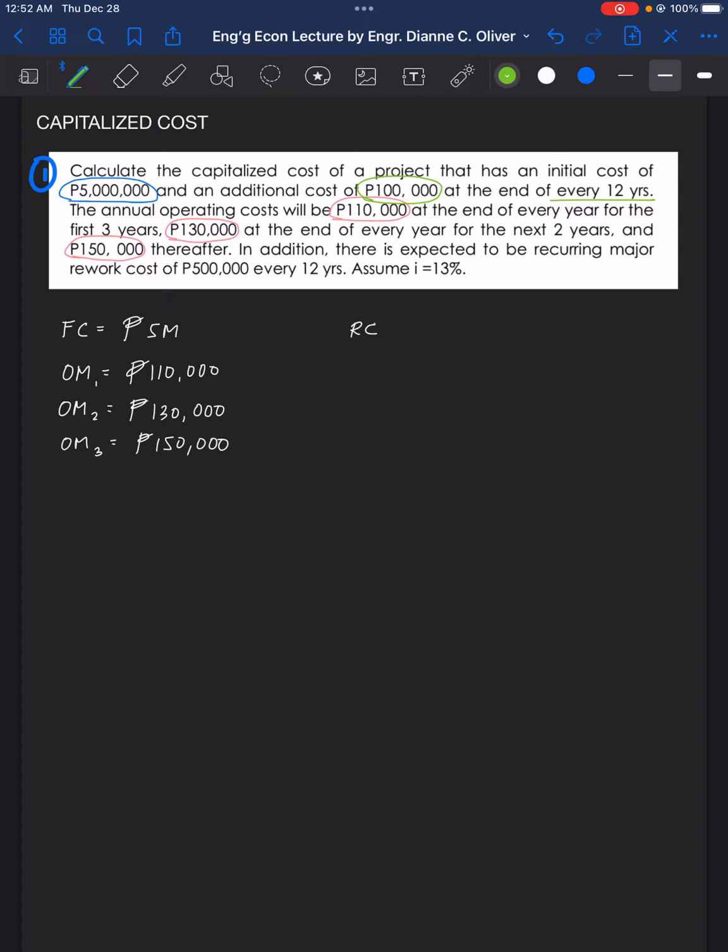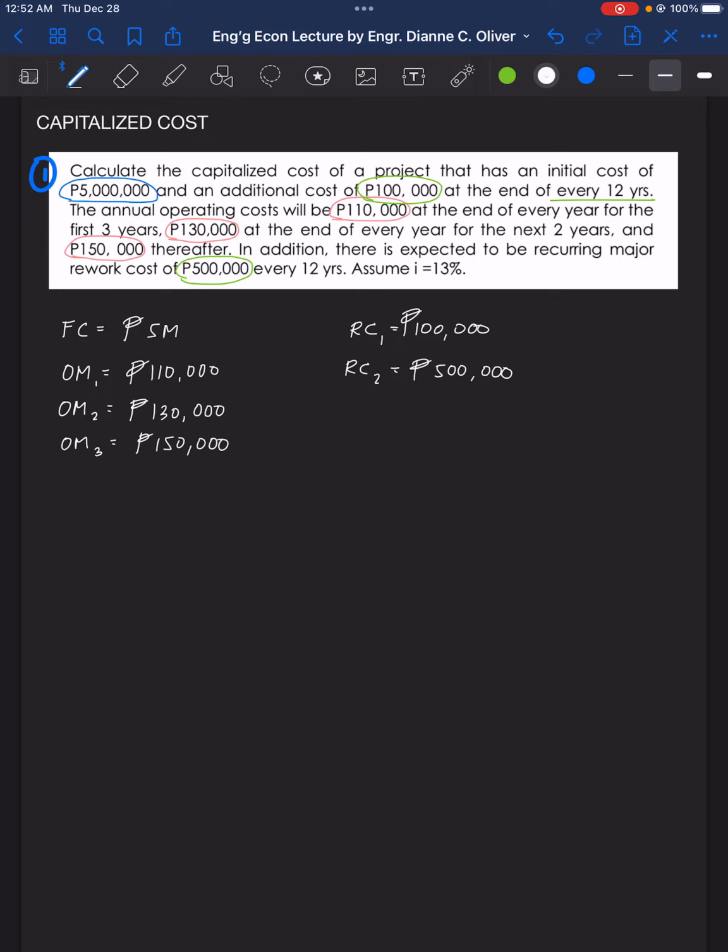So the 100,000 pesos here will be treated as the replacement cost in every 12 years, as well as the 500,000 pesos in every 12 years. So these two, which appear in every 12 years, are actually the replacement cost. So RC1 is 100,000 pesos. Then RC2 is 500,000 pesos.